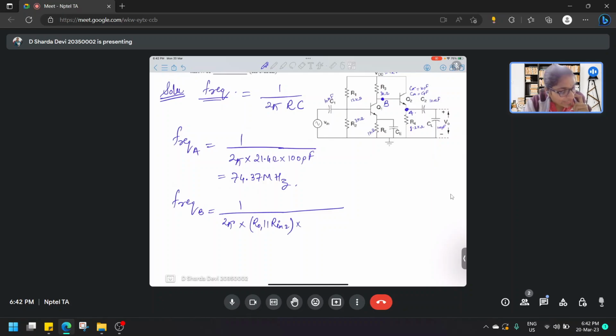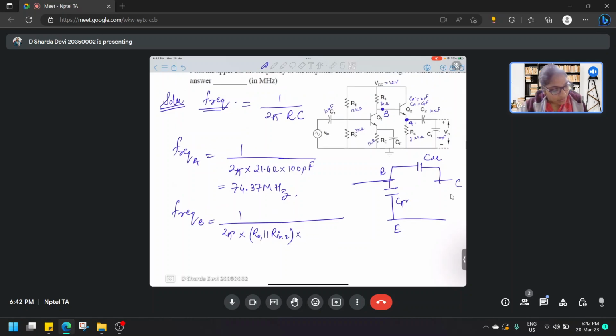So we will have C pi. So how does C pi and R pi appear? We need to know that first. So C pi appears between base and emitter, right? We have C pi between base and emitter terminal, and we have C mu between collector and base terminal.